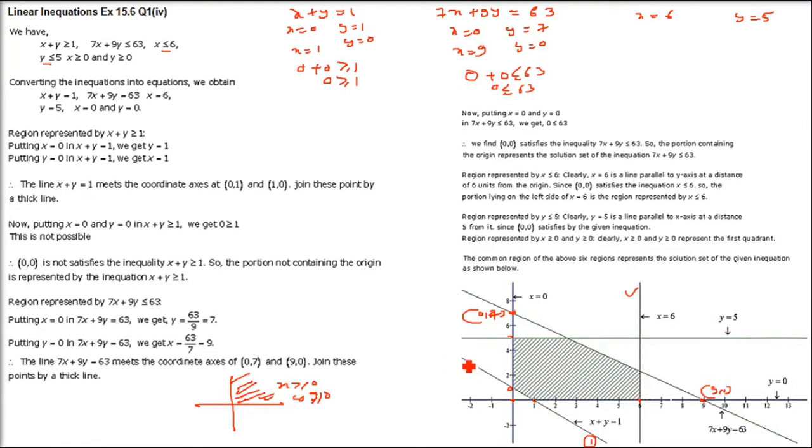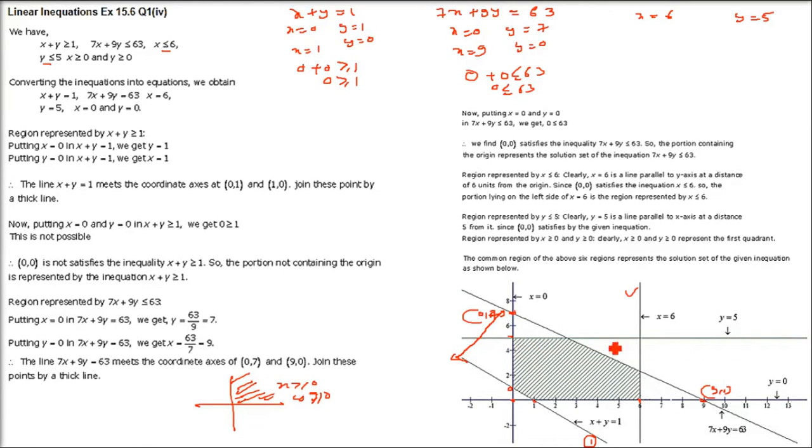But we won't go below the first line because that line is restricting. The line is saying that the solution is above. So when you come down, you can't go below x plus y equal to 1. So the solution is in between: below the upper line and above the lower line.